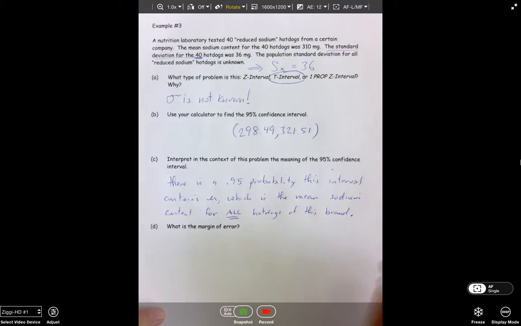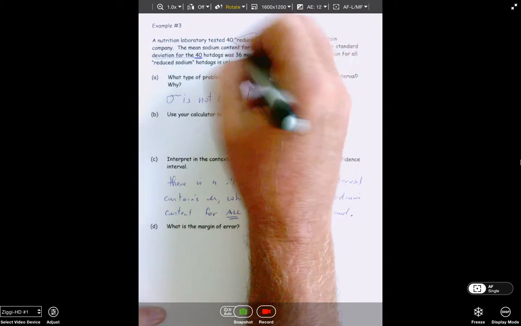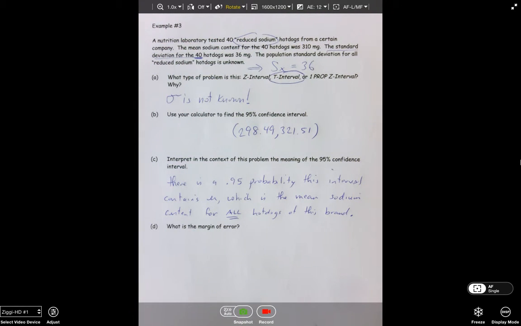I think the brand was reduced sodium, yeah. So it'd be equivalent to say all reduced sodium hot dogs, or you can say this brand.